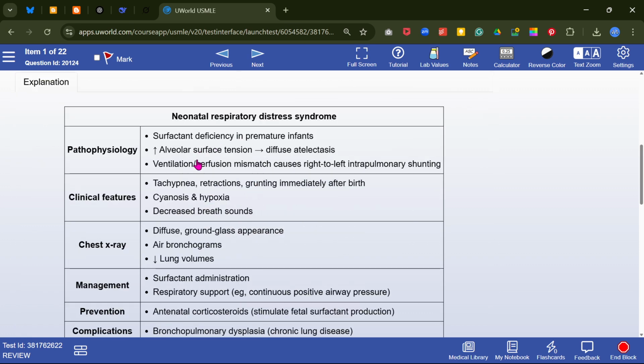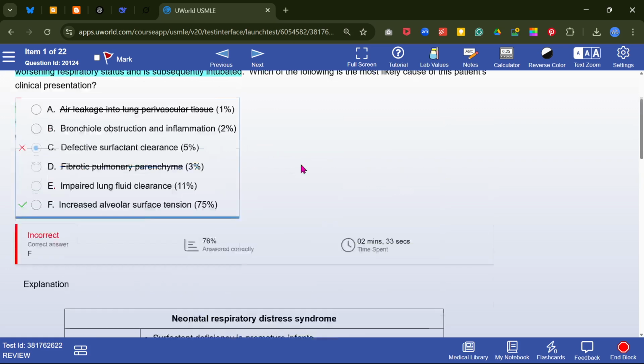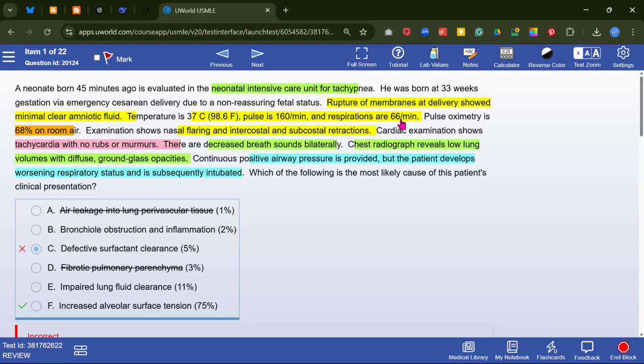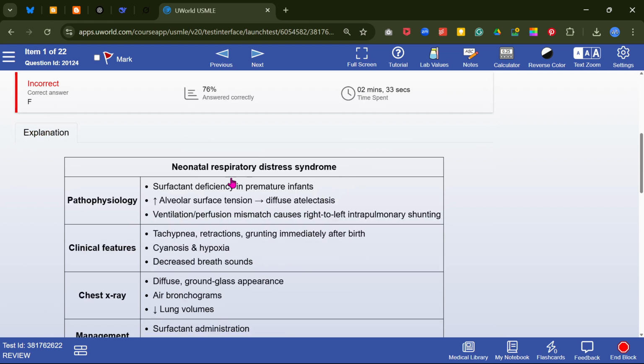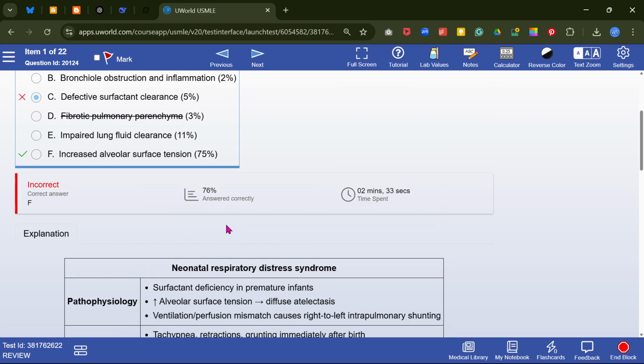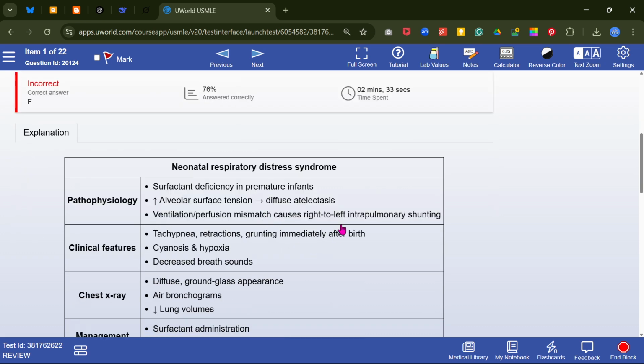In NRDS there is surfactant deficiency in premature infants. He is a 33 week baby, so premature. Surfactant deficiency increases alveolar surface tension, causing diffuse atelectasis.